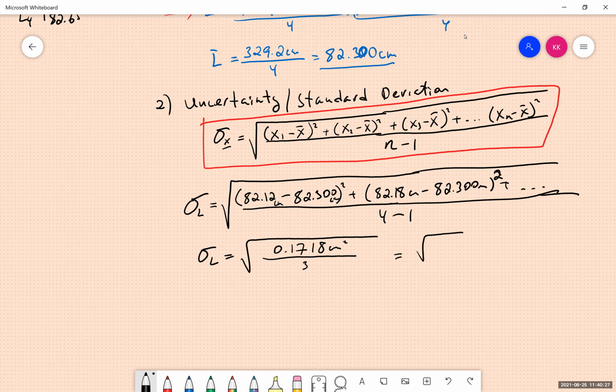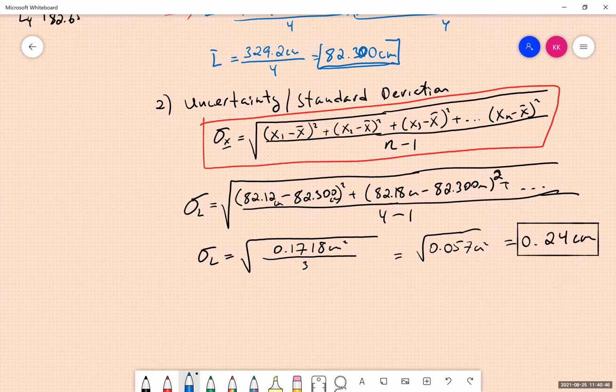Then we get the square root of 0.057 centimeters squared, and then take the square root of that. So we get 0.24 centimeters, and that will be my answer. That means this was my average, and this is my uncertainty.